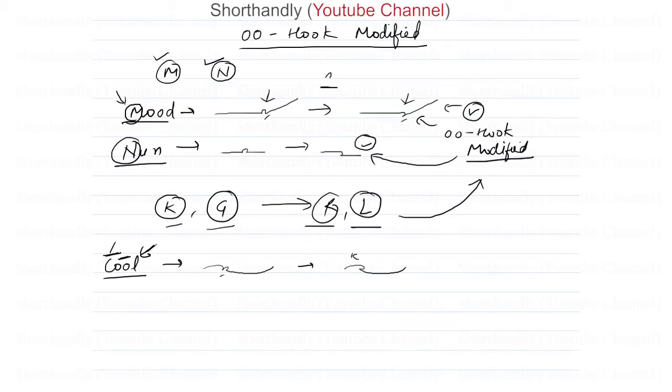This is our K and this is our L. This is our U-hook. So here we use the U-hook modified, because first we have this K here, then we have U-hook, U sound, then we have this L.